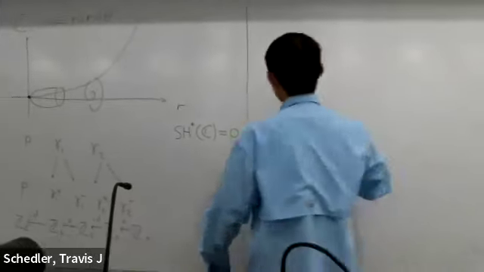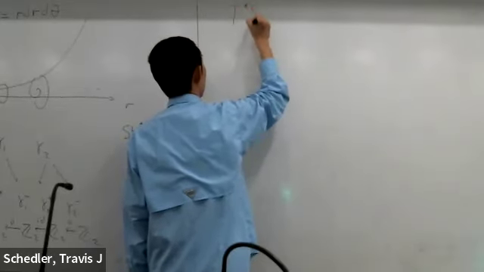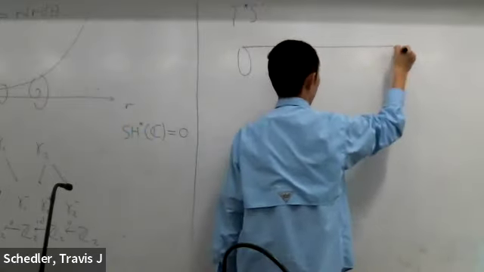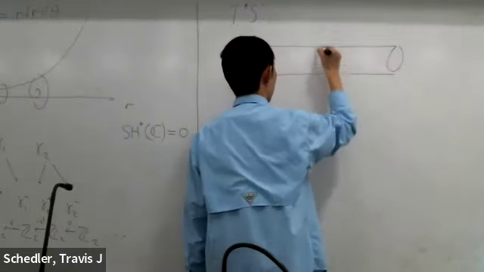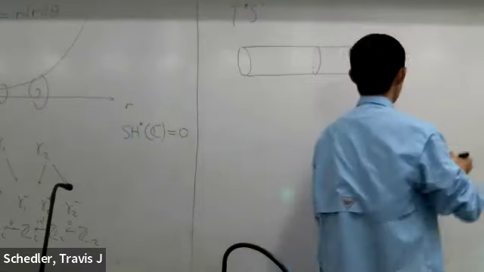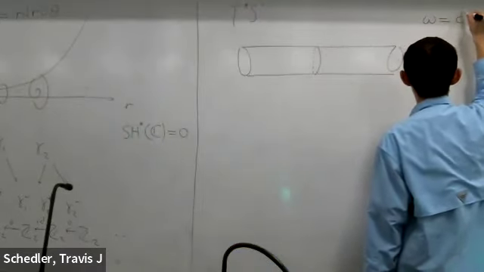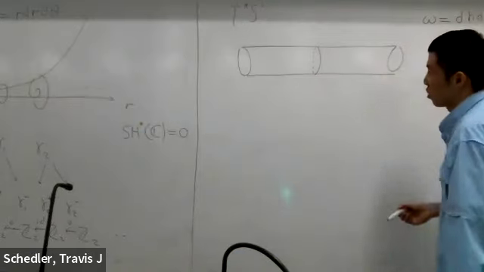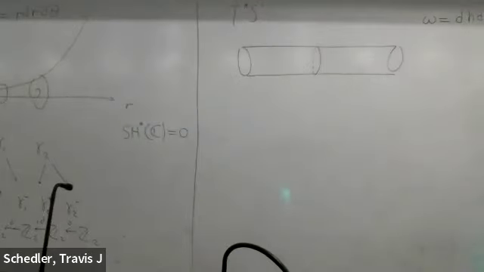So let's move to the cylinder of the cotangent bundle of S1. In this case, omega I write as dh d theta. H, I don't know, is a height function, but I draw it horizontally.